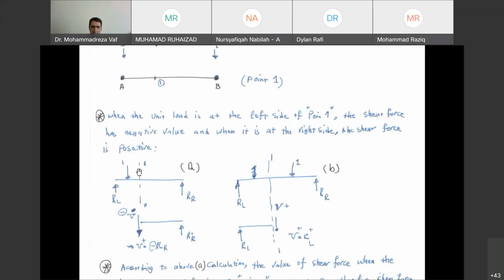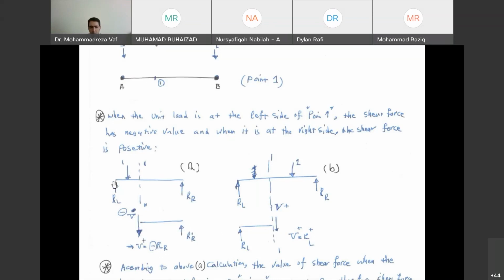When the moving load still hasn't reached point 1, and we have this condition in our beam, you can easily cut your beam at point 1, look into the shear force, and then write down sigma Fy equals 0. From there, you can see that the shear force that you want to calculate, regardless of the location of the load, equals the negative value of R on the right side.